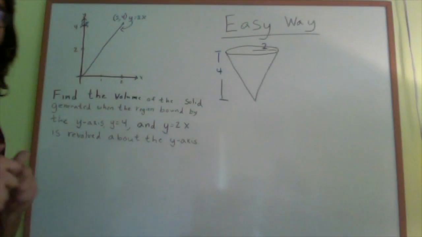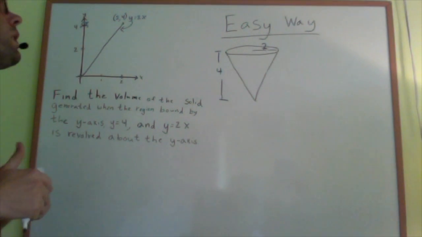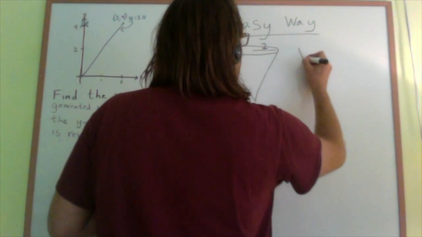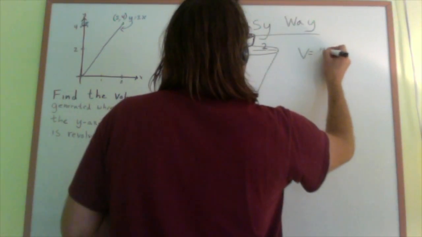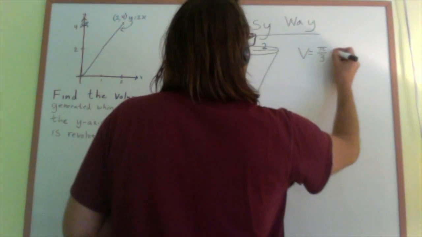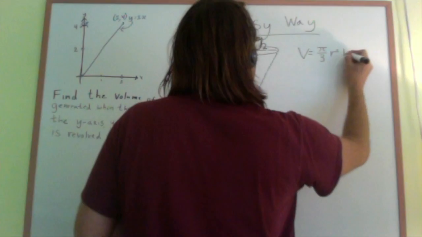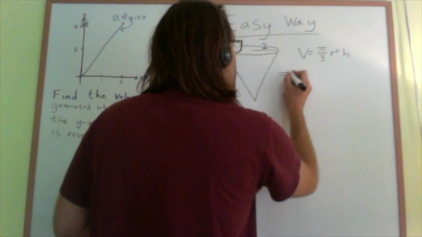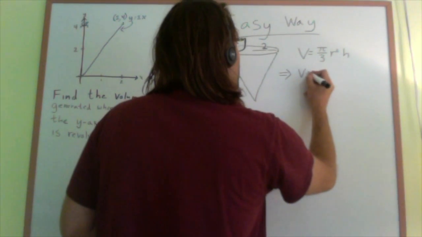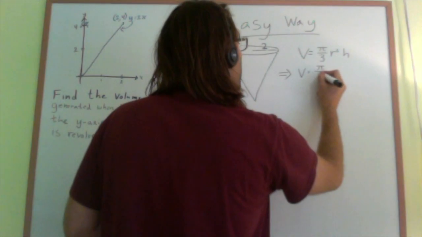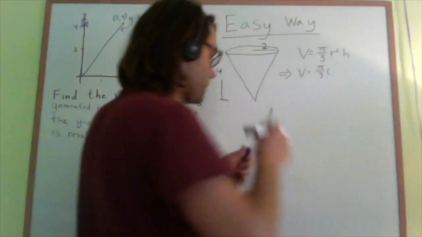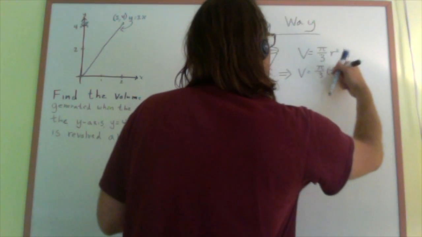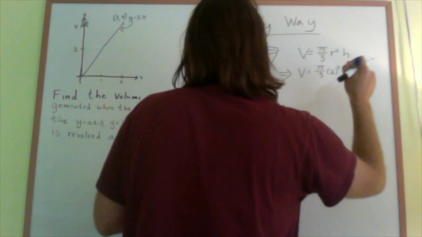Okay? Now the volume of a cone generally is V equal to pi over 3 r squared h. Okay, so in this case, V is going to equal pi over 3 times 2 squared times 4.